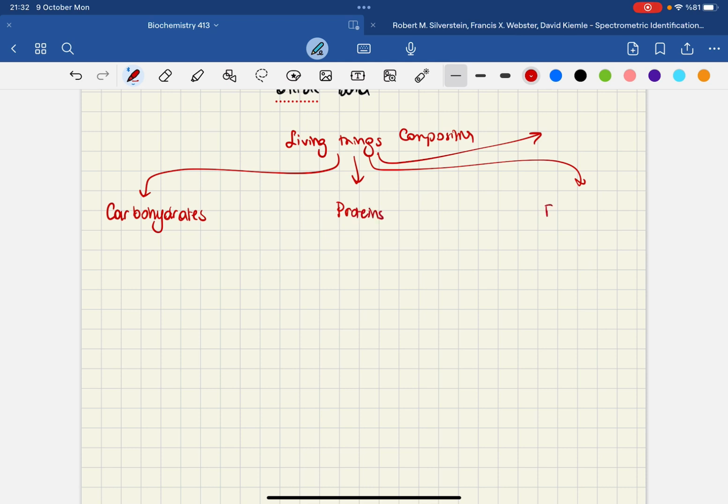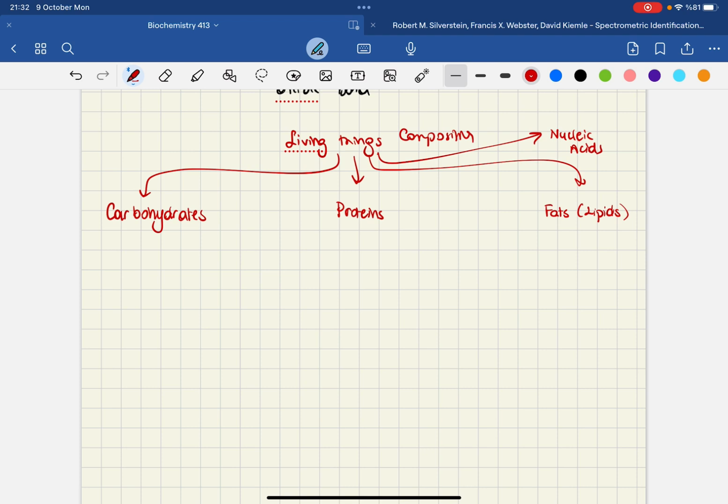We have the fats, which are also referred to as lipids, and also the nucleic acids, which are RNA and DNA.